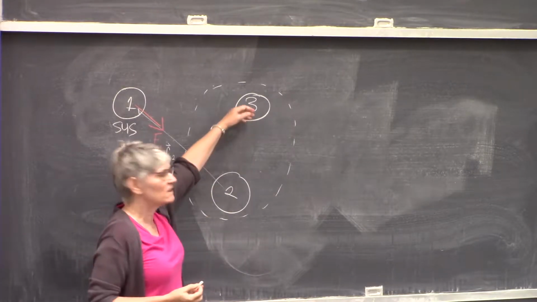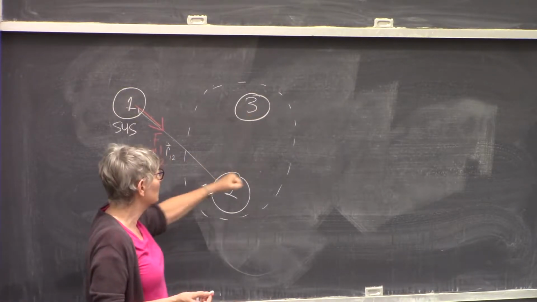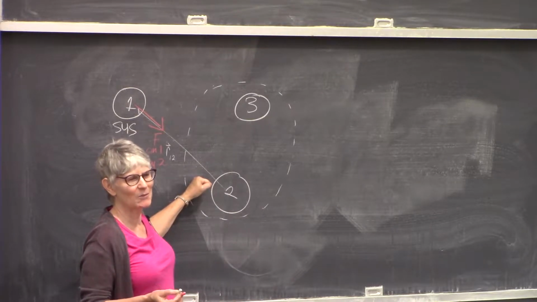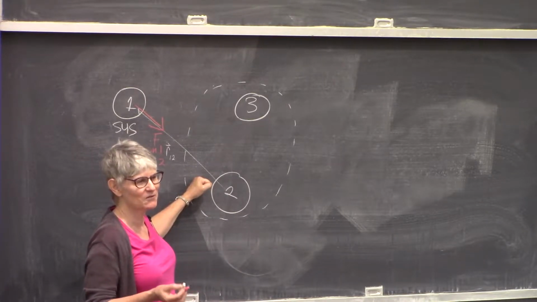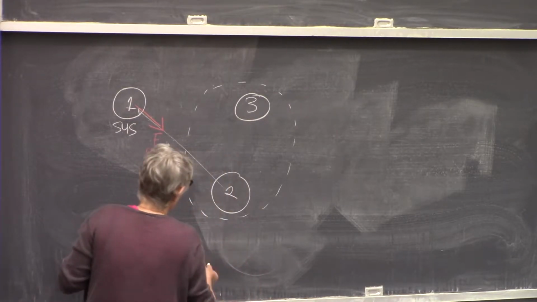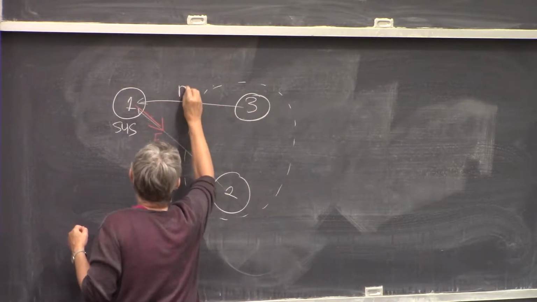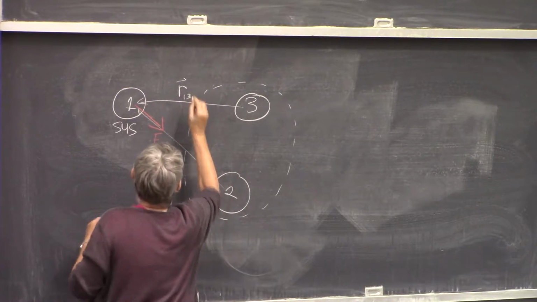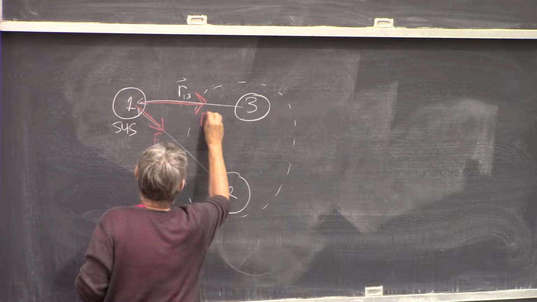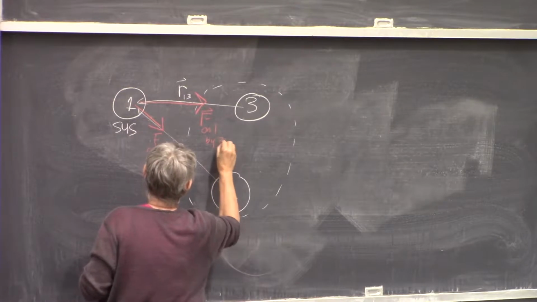And while we're calculating this, we just completely ignore this other object, because its presence doesn't change this interaction. Now, life would have been very much more complicated if it did, but fortunately for us, it doesn't. So then, we say, okay, now let's pretend 3 is the only thing in the surroundings, and we do it again. So this is R13. We go through that whole calculation. We get a force on 1 by 3.